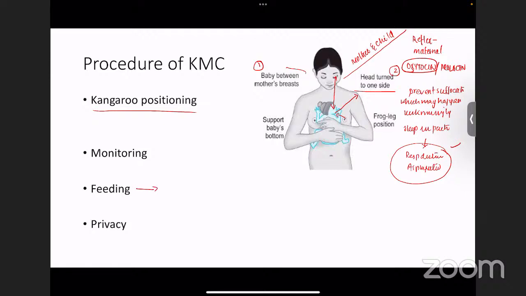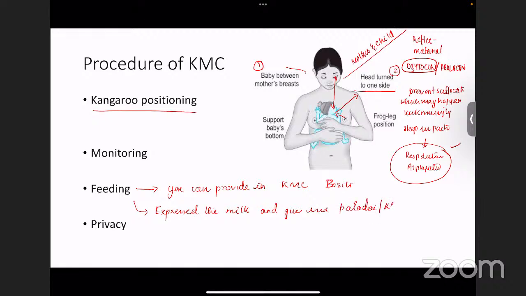So you can provide breastfeeding in KMC position, or else you can even express the milk and give via paladai or katori feed.